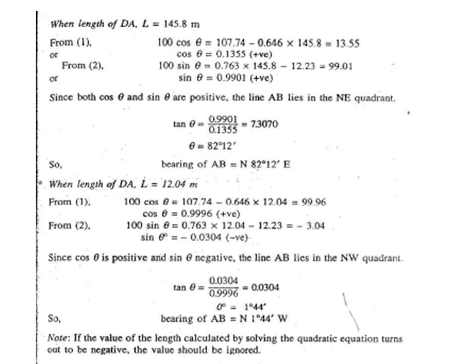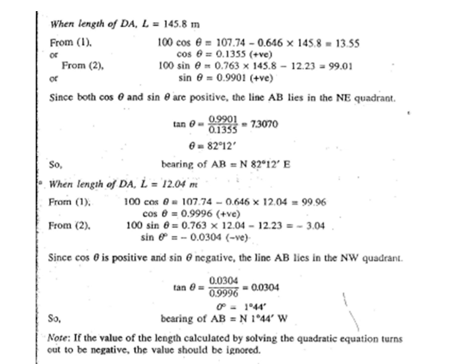Similarly, when we consider the second value of the length of line DA, L equal to 12.04, we substitute it in equation number 1 and get cos theta as 0.9996, a positive value. Similarly, substituting the value of L in equation number 2, we get sin theta as minus 0.0304. It is a minus value.